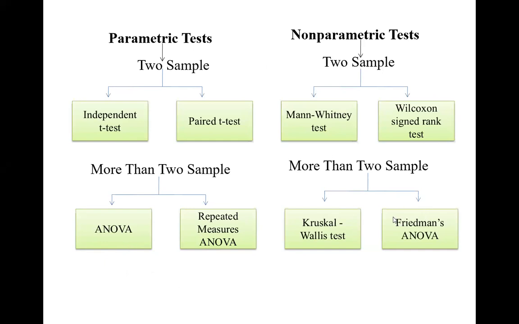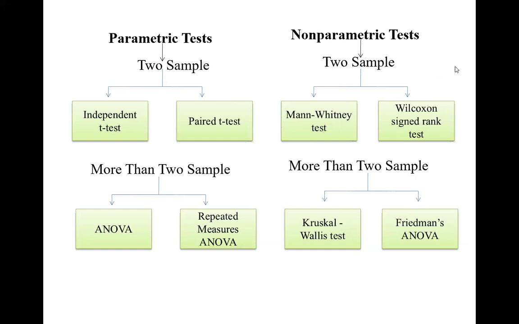Next test, Friedman ANOVA. Friedman ANOVA is used when we take several observations of the same respondents. The same respondent we take more than 2 times. We measure repeatedly.